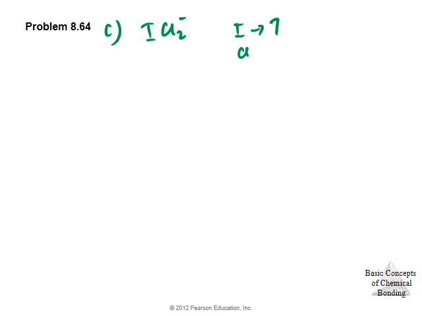And each Cl also belongs to the same group, would have 7, and there are 2 of them, that's 14. Altogether we have 21. And since ICl2 is -1, there is an additional electron. So we must account for 22 valence electrons.